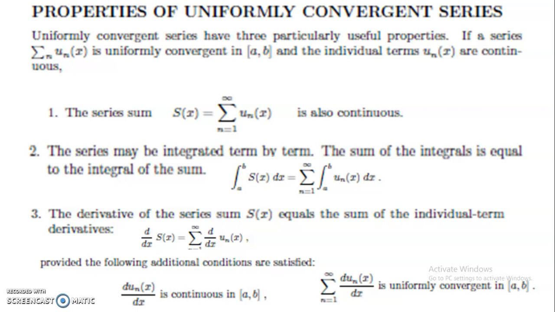If a series un of x is uniformly convergent in a closed interval ab and the individual terms un of x are continuous, meaning each term of that series is continuous, then in the first property the sum, this summation of un of x, which is a function of x, is always continuous.